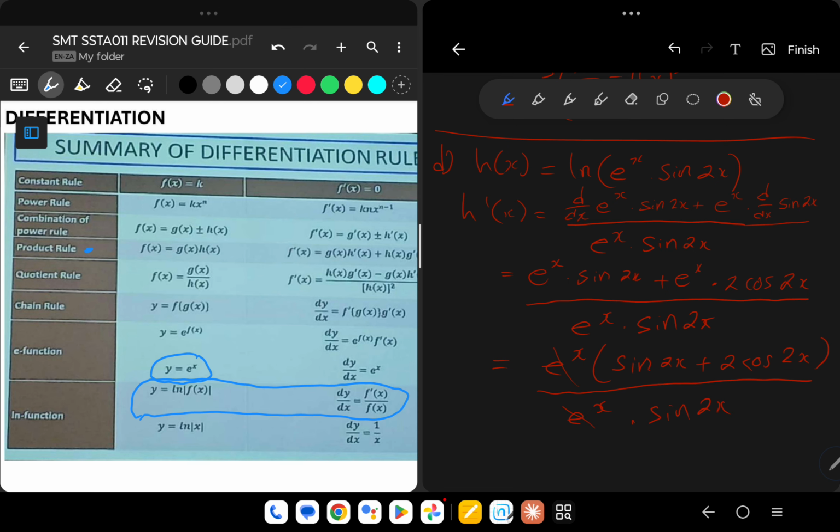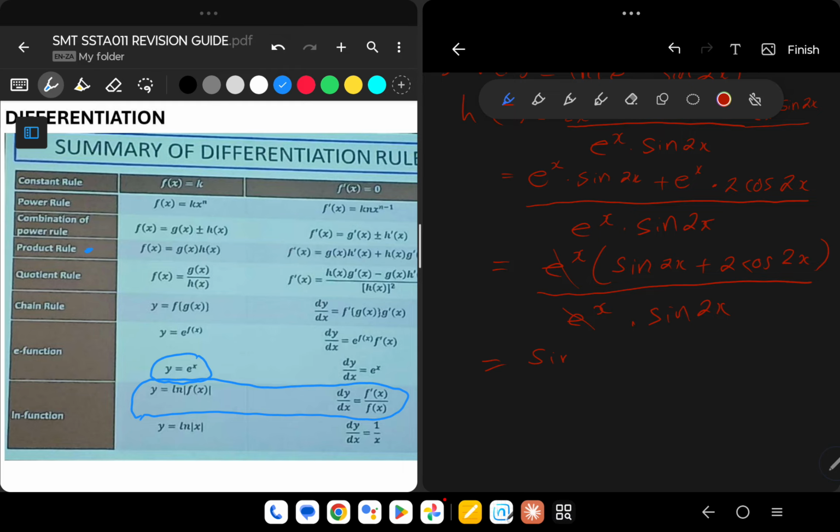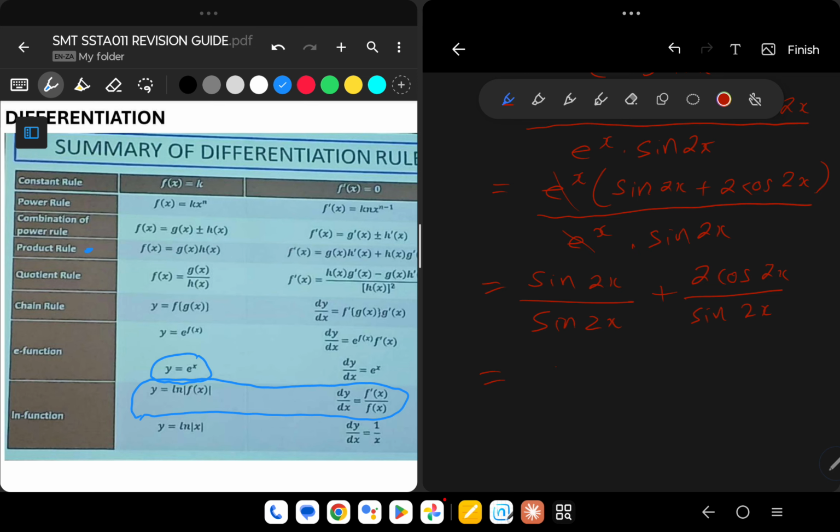So this cancels this one, then you'll be left with sine 2x divided by sine 2x, and what has remained is cos 2x over sine 2x. Sine 2x over sine 2x is just 1. So we add 2 cos 2x over sine 2x. But what is cos 2x over sine 2x? That is cot 2x. So your final answer is 1 plus cot 2x.